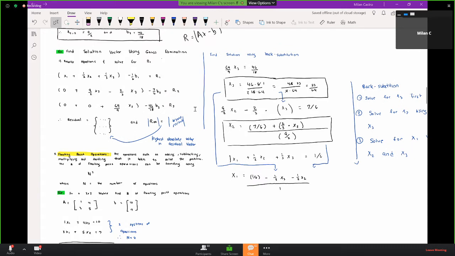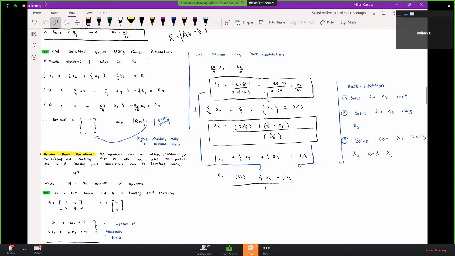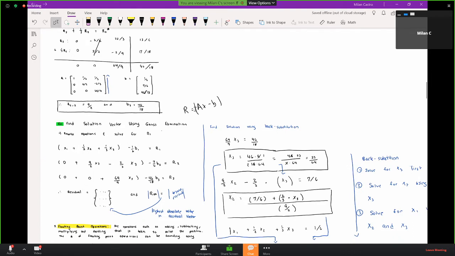Okay, the actual steps of this problem. First, you get it into upper triangular form using Gauss elimination. Step 1, upper triangular. Step 2, solve for the solution vector using back substitution.